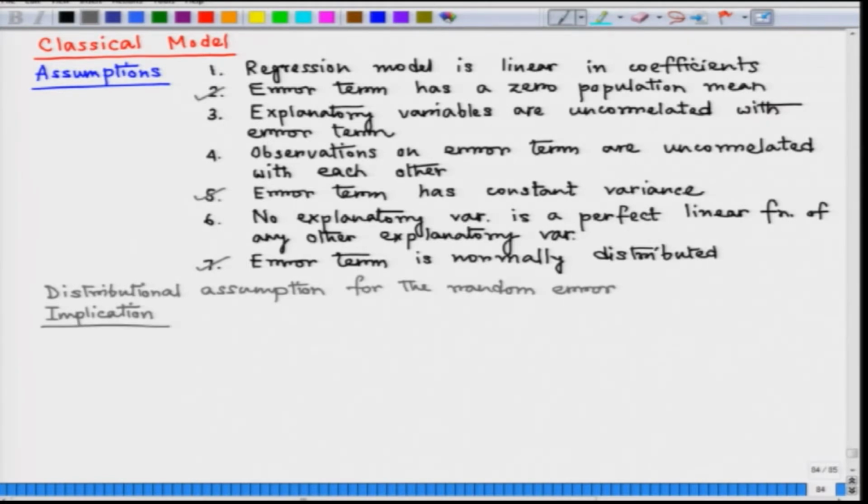But what is the implication of these assumptions? Okay. So, the normality of error terms implies that these partial regression coefficients, the betas, the estimated values of these betas, which are basically beta hats, are themselves normally distributed, because one of the properties of the normal distribution says that any linear function of normally distributed variables is itself normally distributed.